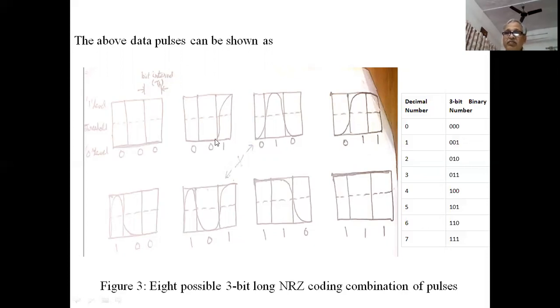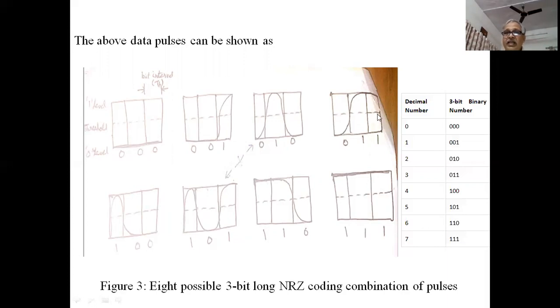So the pulse is increasing. Similarly, we represent 010 by this figure, 100 by this figure, 101 by this figure, 110 by this figure, and 111 by this.